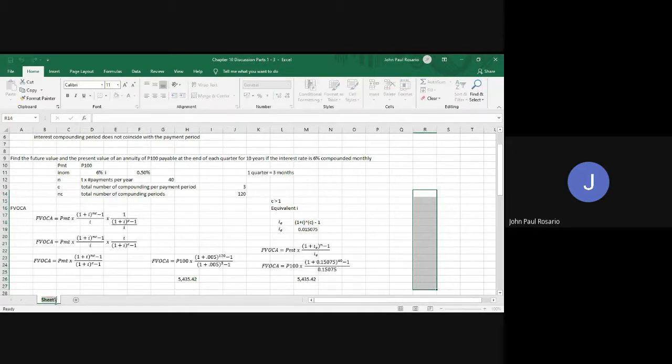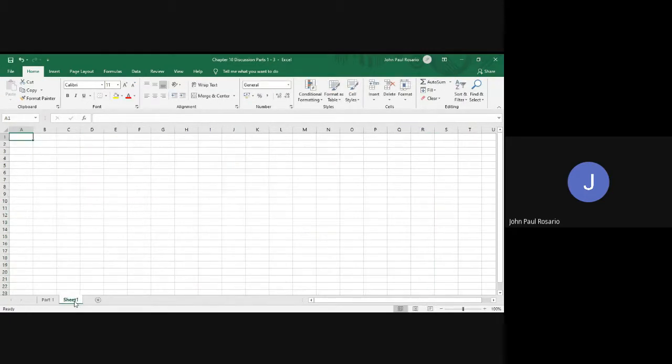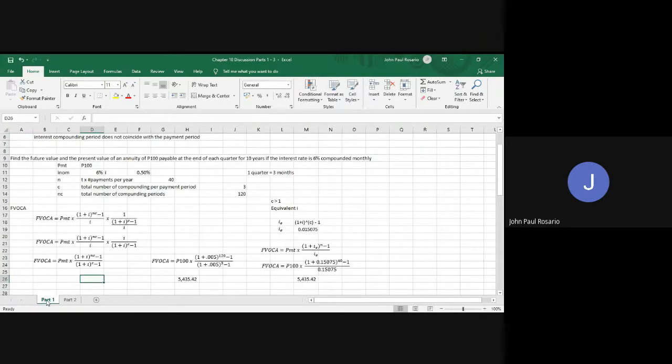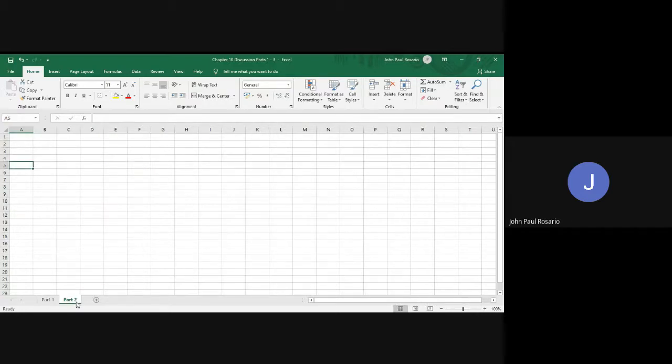this is actually the discussion for part 1. And let's add a sheet here for our part 2. And let's just copy first our formulas for the fair value of ordinary complex annuity, present value of ordinary complex annuity, future value of complex annuity due, and lastly, the present value of complex annuity due.